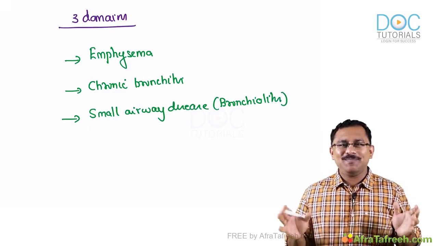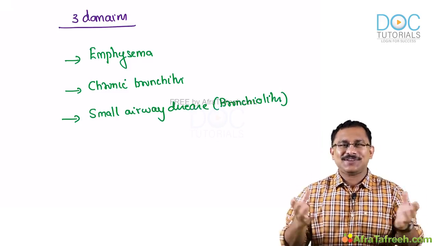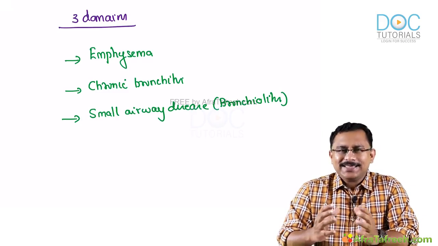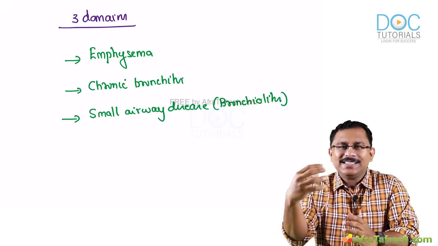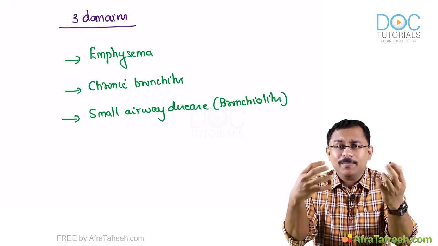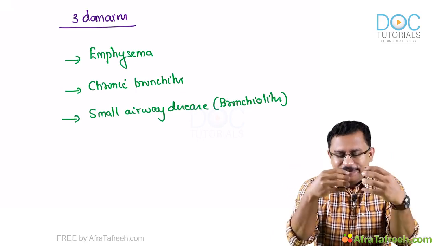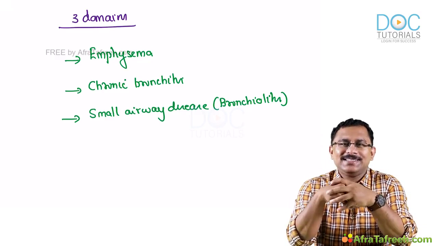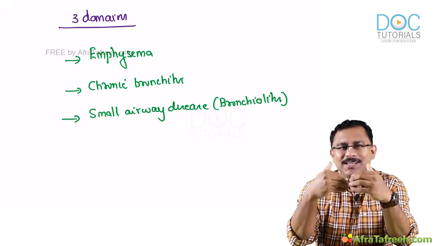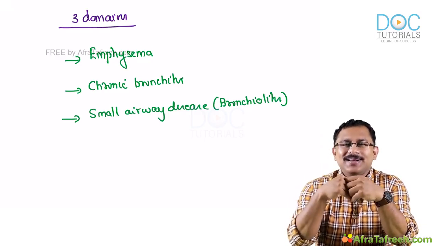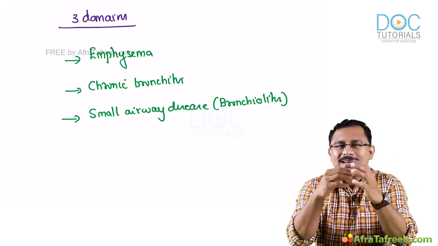Now what do I mean by this? Domains of COPD basically means in a COPD, different regions of your respiratory tree may be involved. And in emphysema and chronic bronchitis, though both are the COPD spectrum, the sites of involvement are different.